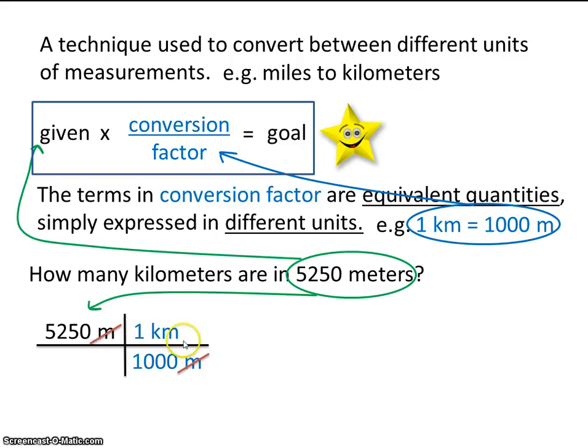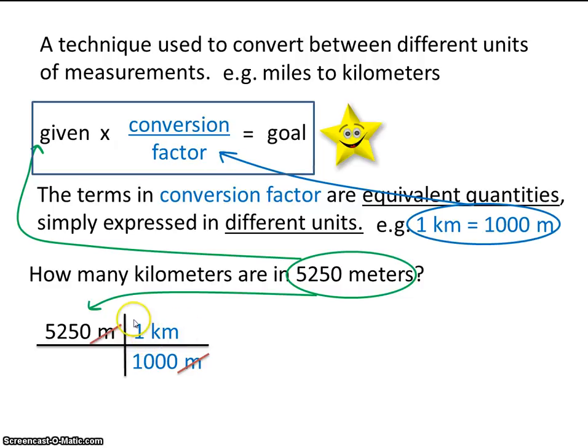So the only unit we have left is kilometers. And that's what we're trying to figure out. How many kilometers are in this many meters? So to perform this computation, what you would do is you'd multiply this number times this number and divide by this number. You can do this all in one step in your calculator.